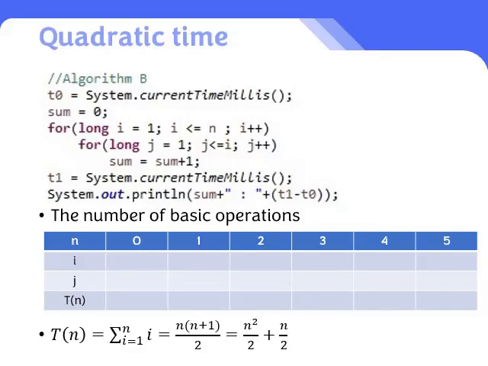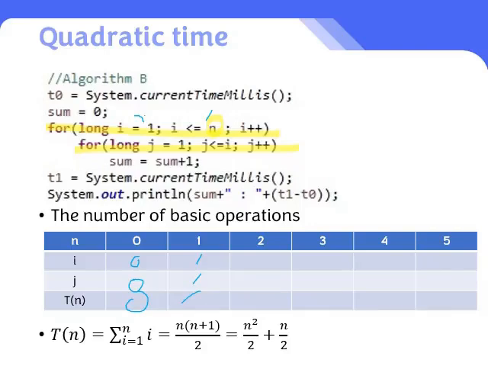The final algorithm we're going to analyze is algorithm B. The most important thing about algorithm B is that the for loop is repeated twice, and the number of repetitions is proportional to the given value of n. So if n is 0, it doesn't enter the loop anyway, so it's 0. But if n is 1, i repeats once, and j also repeats once. So in the end, T(1) will be 1.